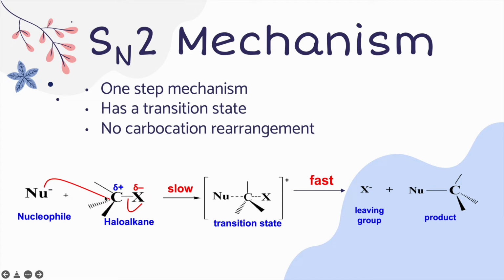Nucleophile back attacks the C delta plus, using one of its lone pairs to form a bond with this carbon, and simultaneously the 2 electrons in this bond are given to the halogen atom. This is the bond breaking and bond forming transition state. So this reaction is slow up to the transition state, and then after the transition state it is fast.